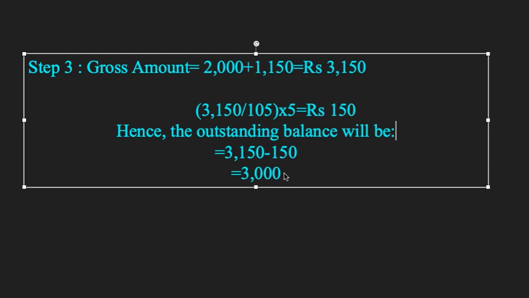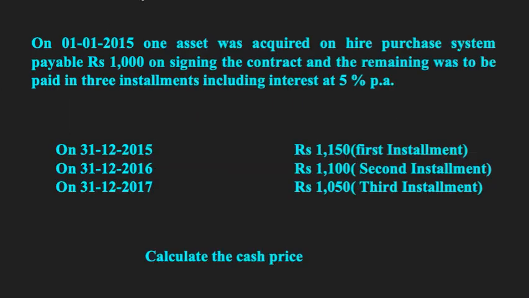Not 31st, it will be on 1st of Jan 2015, right? After the payment of rupees 1000 as advance, right? So this would be the outstanding balance, right? This 3000 rupees, and along with that, if we see here, 1000 is paid as the advance payment.